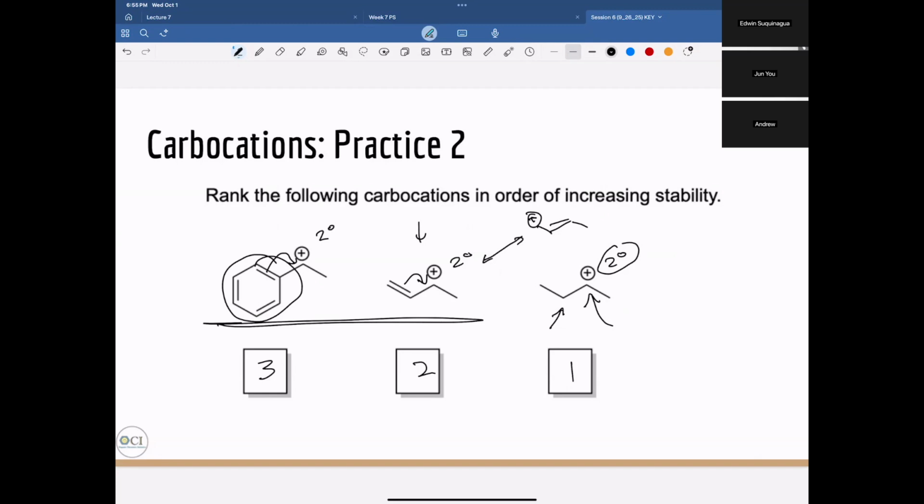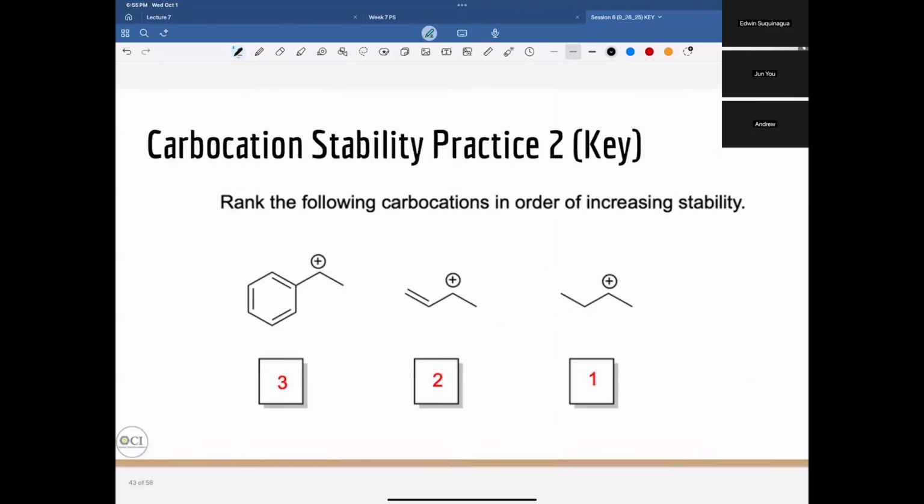If it has a bigger chain, it's probably more stable. Usually, yeah. If we're comparing two secondary carbocations and one has a more substituted alkyl group than the other, then that will be more stable. So here's the key, 3, 2, 1.